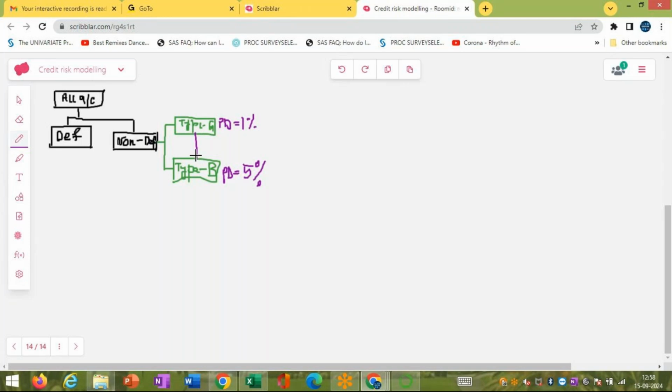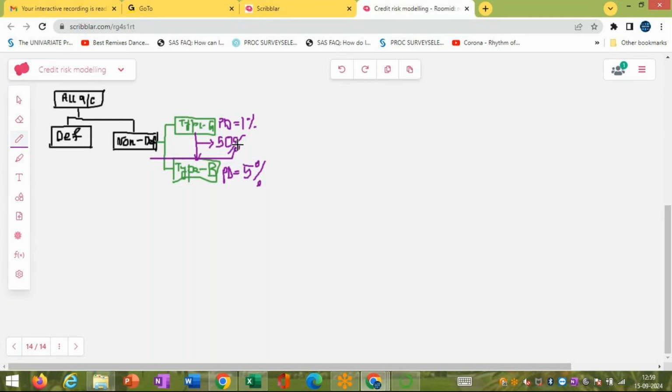Now, what is the next important factor? What is the probability of this customer to roll from type B to type G? And so let's say I'm saying there is a 50% chance. So I am taking it under all randomness. Okay.